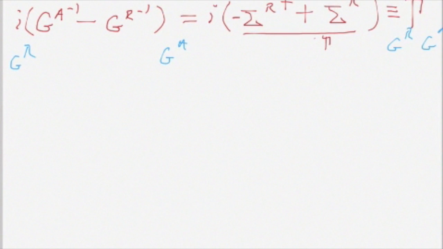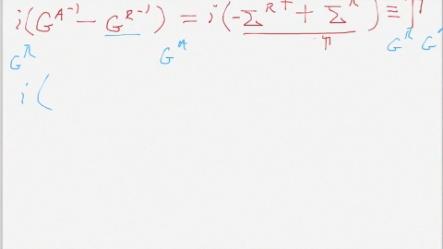So the right-hand side is obviously G^R gamma G^A. And on the left-hand side, multiplying through by the G^R from the left is going to kill off this term, just give me an identity, and then when I multiply through by G^A, G^A just goes in here.